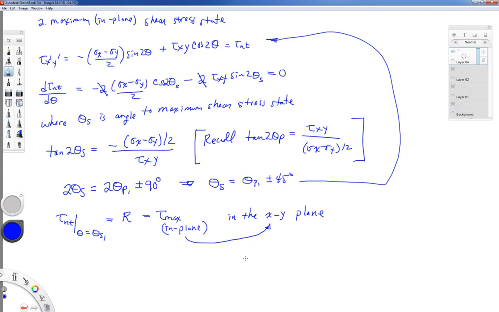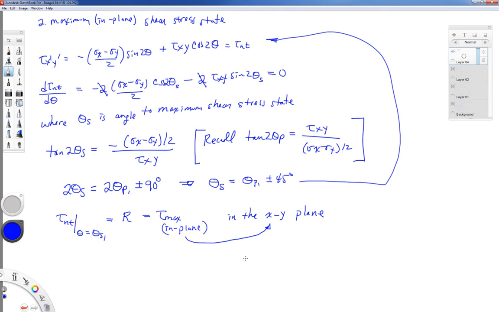Just like we did with normal stresses to find the maximum principal stress, we also were interested in finding out what the shearing stress was for the theta P1 angle. That turned out to be 0. We also want to find out what the normal stress is when we have maximum shearing stress. Be careful how I say that.